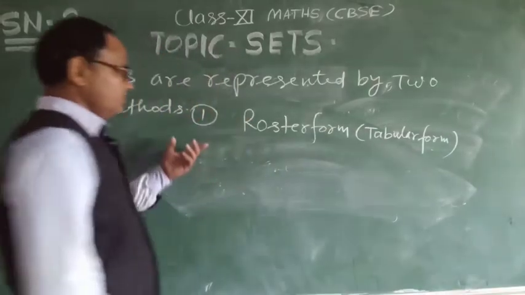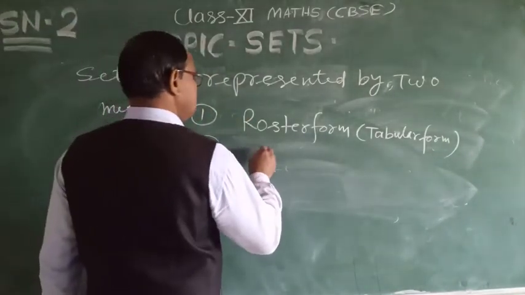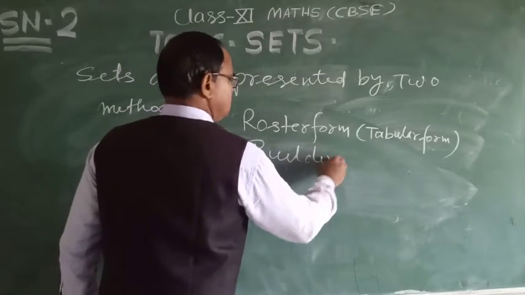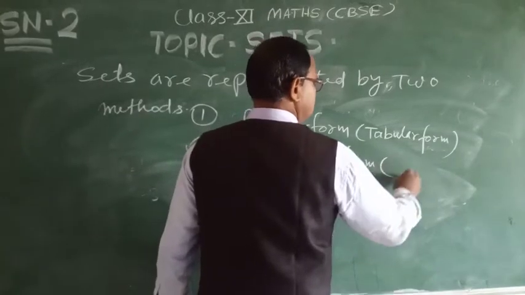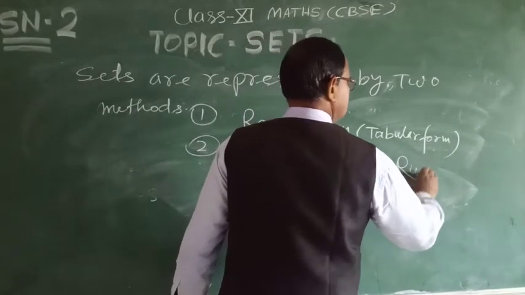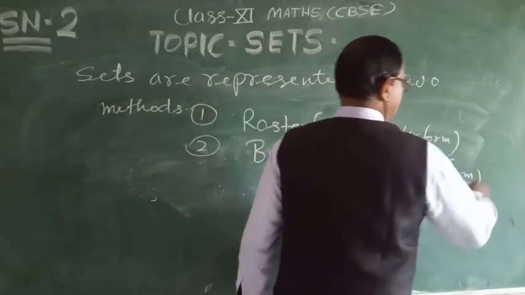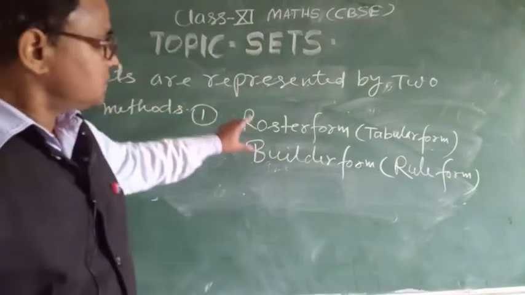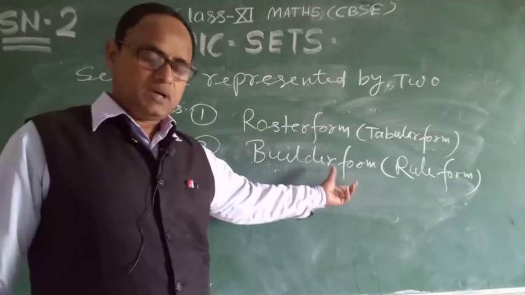And second, builder form, which is also known as rule form. Okay students, thus sets are represented in two forms, roster form and builder form.